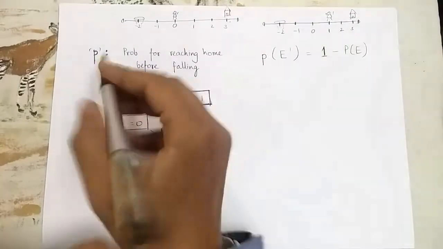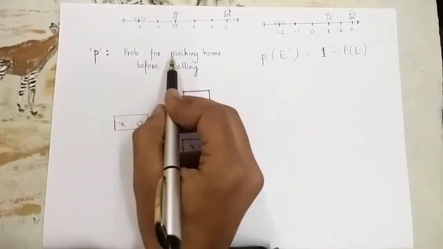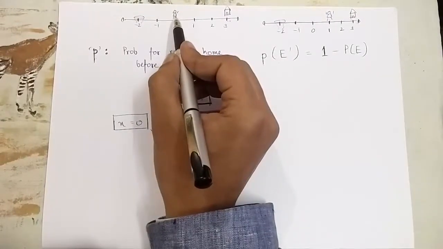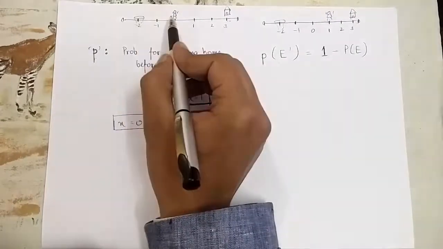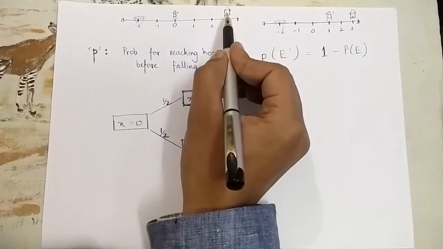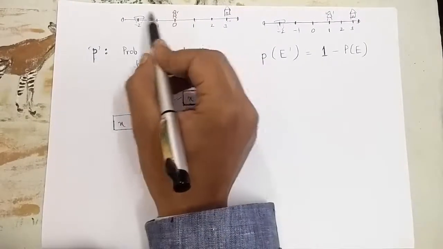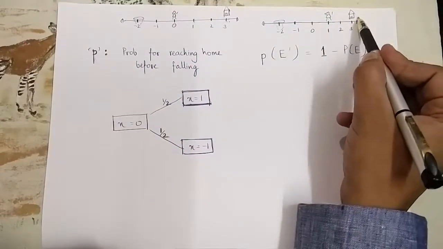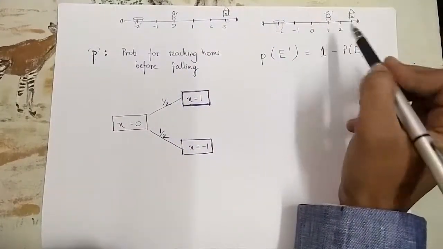Therefore, if we had defined P as the probability of reaching home before falling, then 1 minus P would be reaching -2 before reaching 3. And the probability of reaching -2 before reaching 3 is the same as the probability of reaching 3 before reaching -2 in this situation.